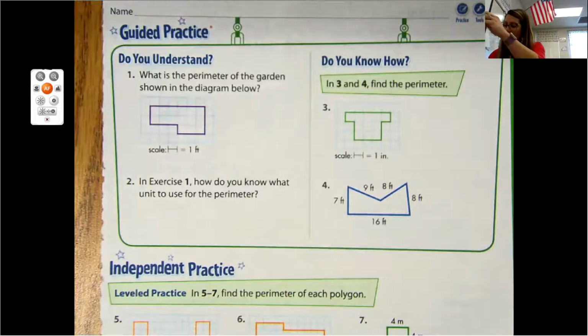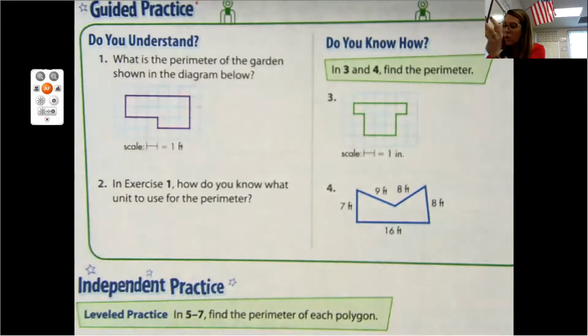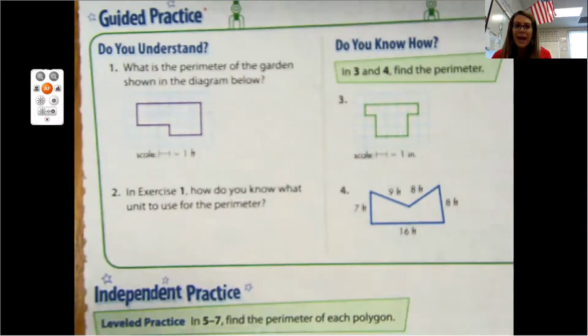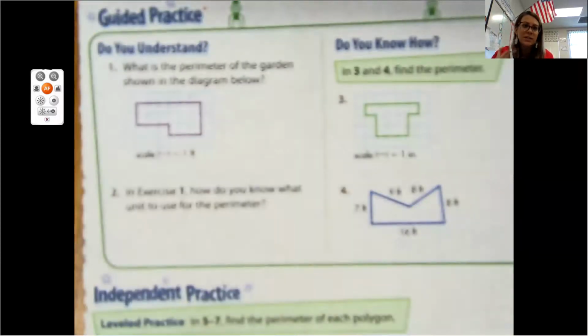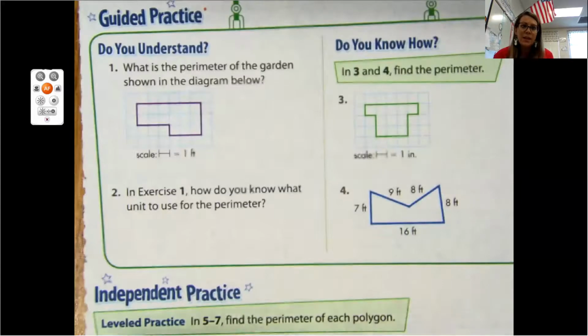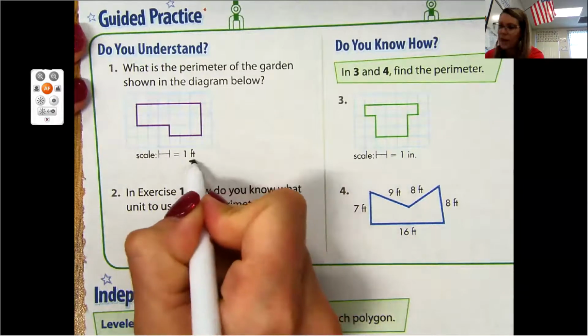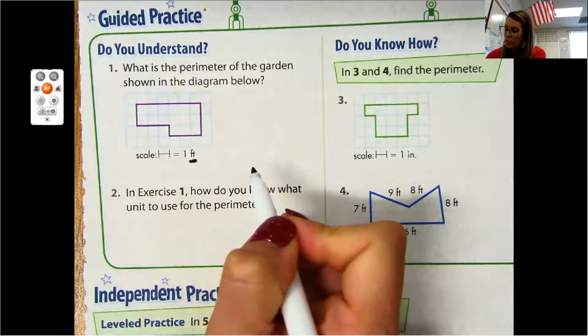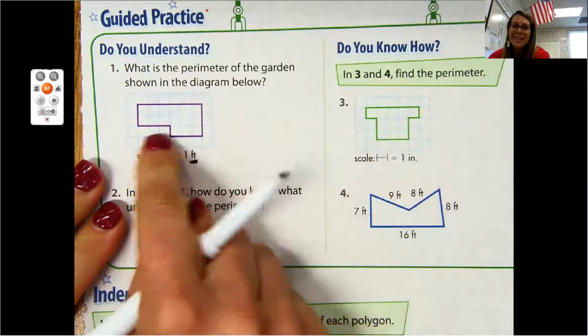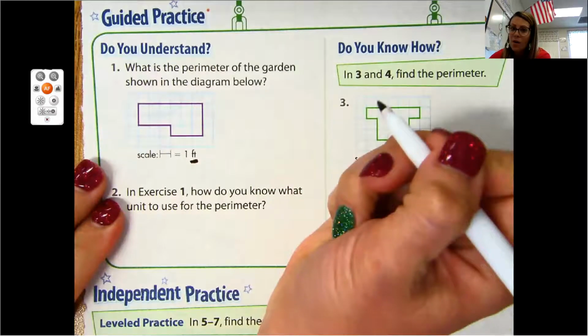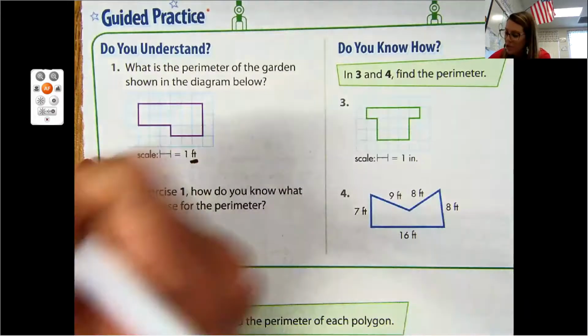And we're really going to practice what they're talking about to find the perimeter. So the first thing we want to do is we notice this one's like that first one in our video. It has the grid, right? All right, so we want to look at the scale, and we know each box equals what? 1 foot. So when we count, when it's like this, we have to do a little bit more work. And what I want you to do along with me is make something called tick marks.